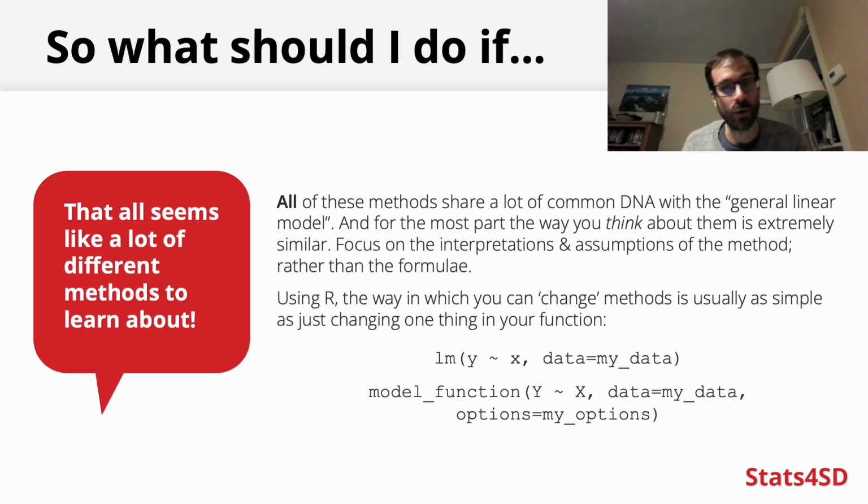Fundamentally, the code that you write looks very, very similar, and the output from that code looks very, very similar. To try to make it as easy as possible, once you've got the hang of interpreting a model in a particular way, you just need to know the slight modifications for your new model to try to be able to best understand and interpret and assess the quality of those models.